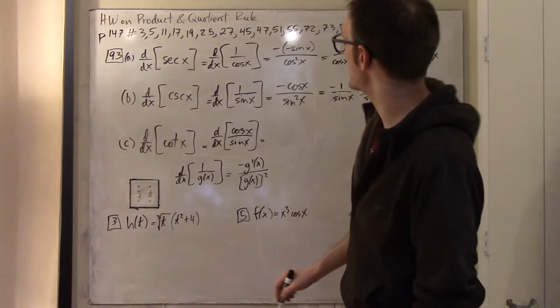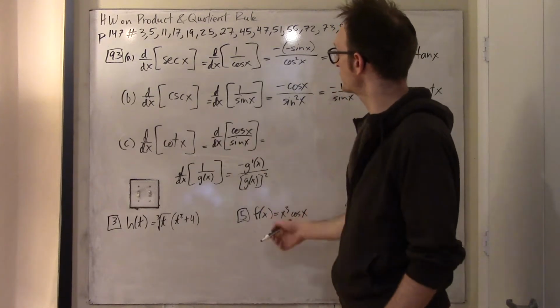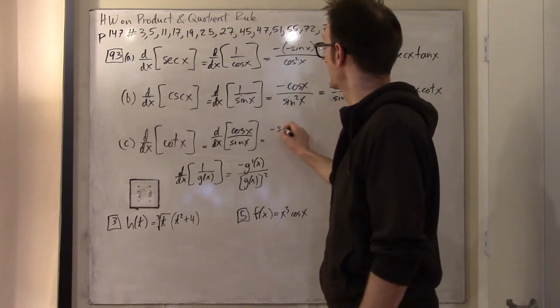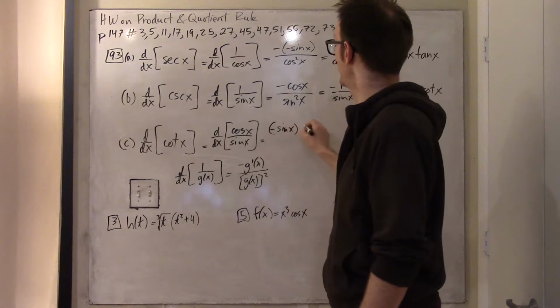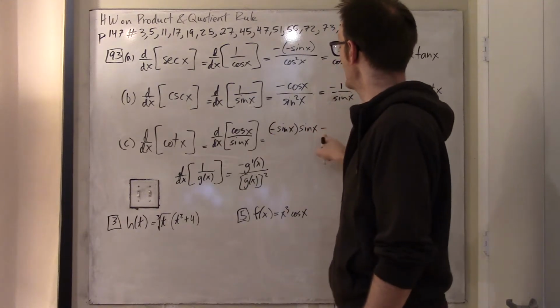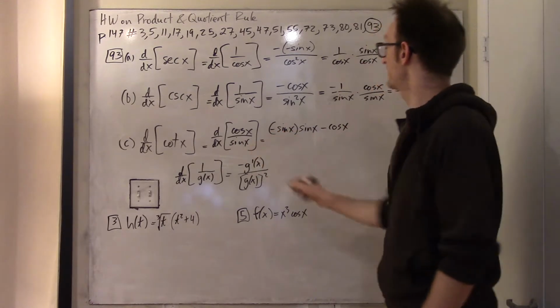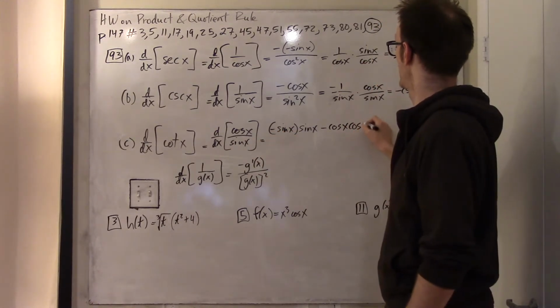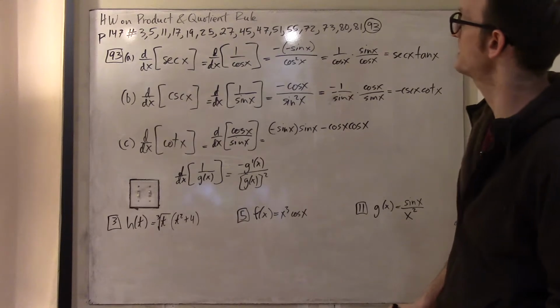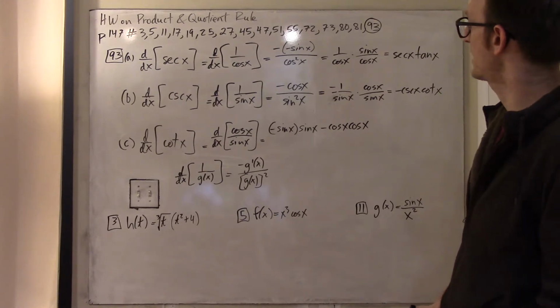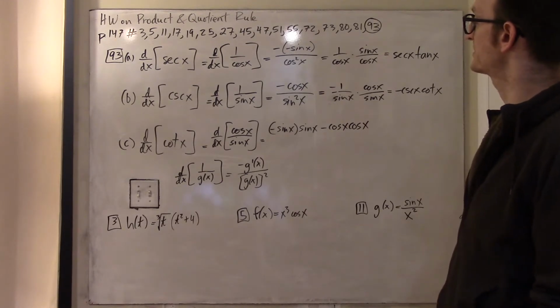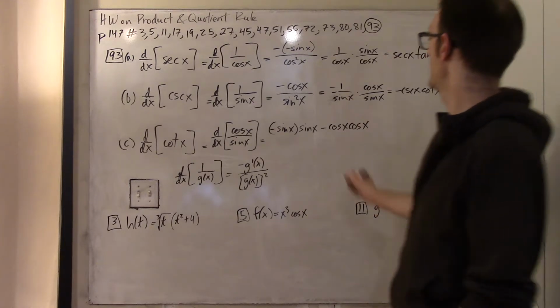So the quotient rule says that the derivative of a quotient is the derivative of the top times the bottom minus the top, cosine, times the derivative of the bottom, which is also cosine. Did I do that right? Cotan, yeah, derivative of the top times the bottom minus the top times the derivative of the bottom. Yep.